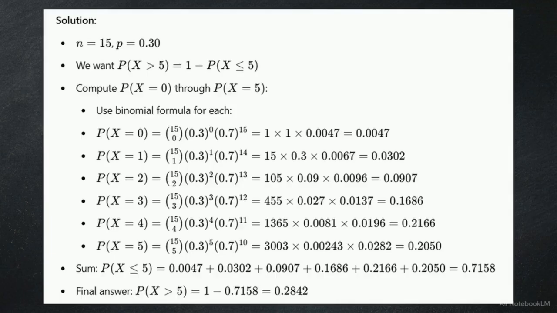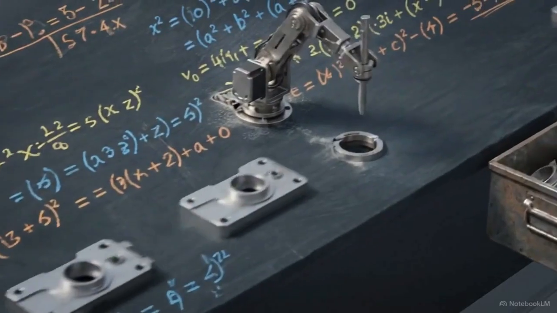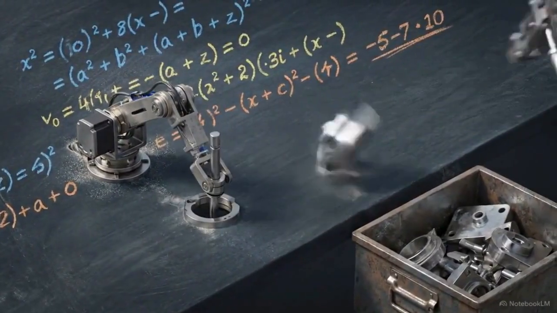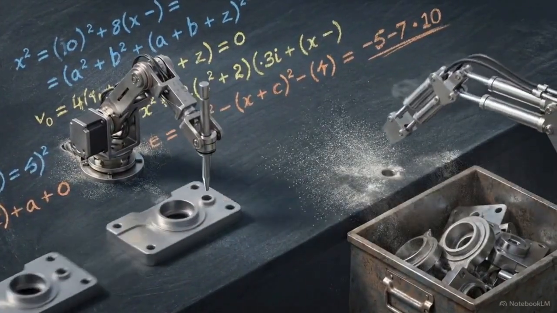As you can see, we sum the probabilities for 0 through 5 successes to get 0.7158 and subtract that from 1, leaving a 28.42% chance of more than 5 positive responses. When your physical process evaluates rigid pass or fail outcomes, the binomial distribution dictates exactly how those outcomes scale.